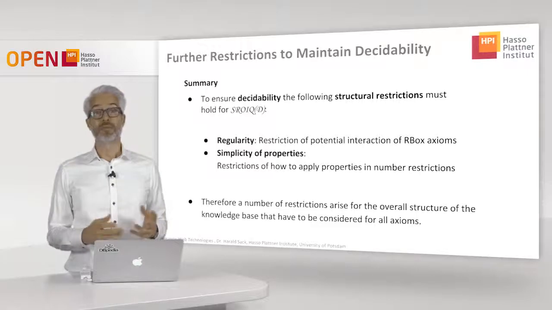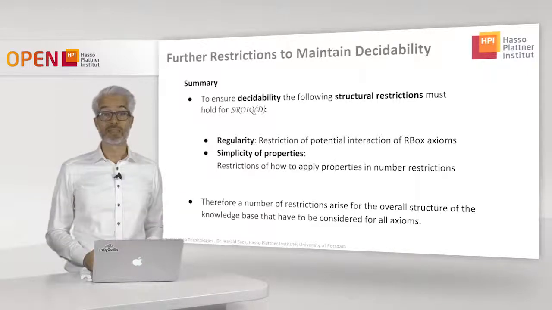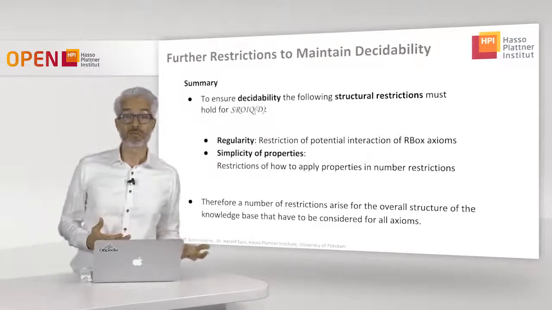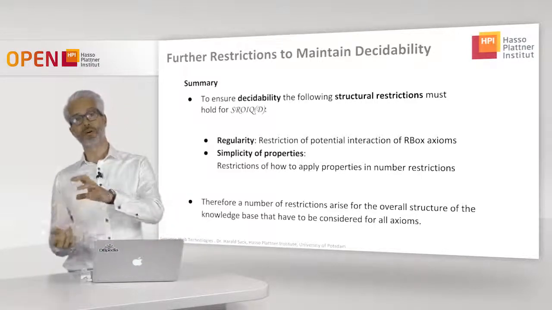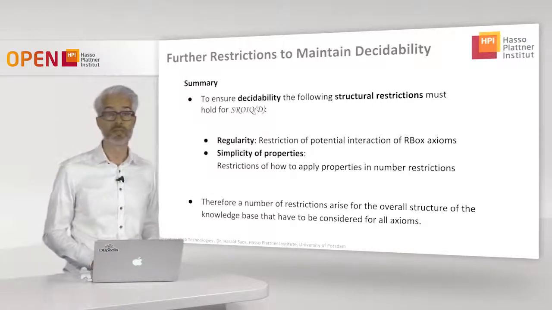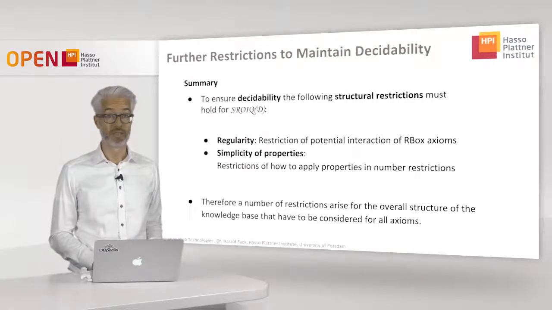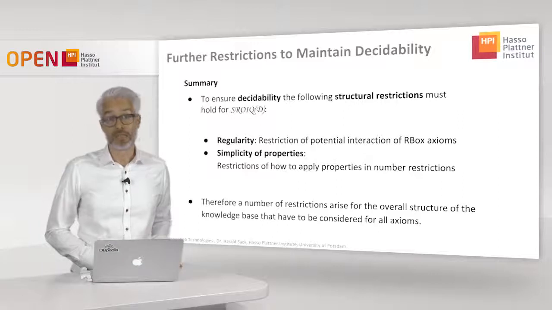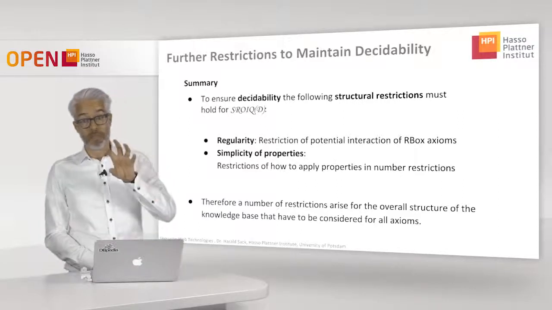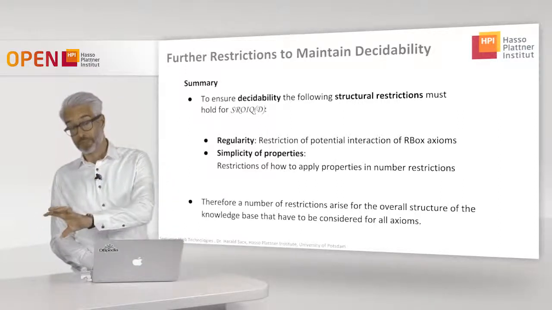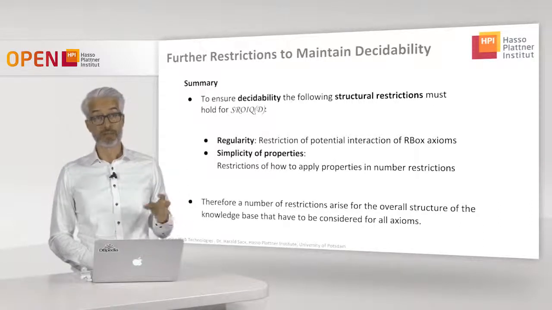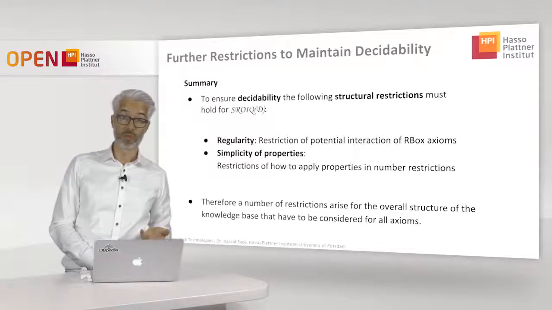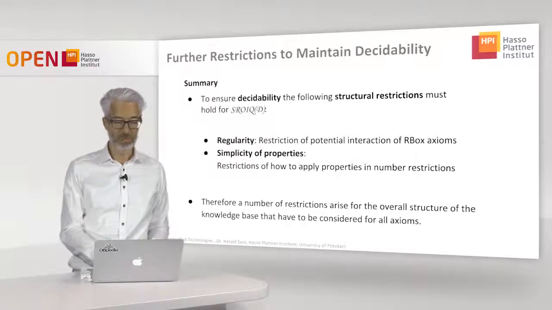So simply to maintain decidability, a number of restrictions arise for the overall structure of the knowledge base that have to be considered for all axioms, especially for the axioms in the R-box. So this is, of course, the way how we restrict this powerful general property inclusion, which is also referred to as property chains or general role inclusion.